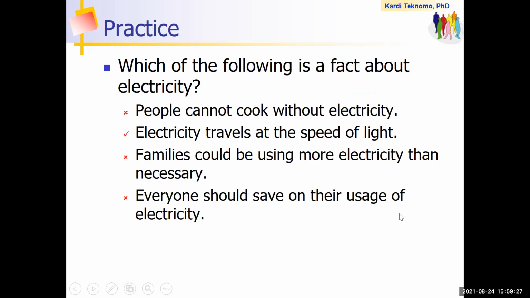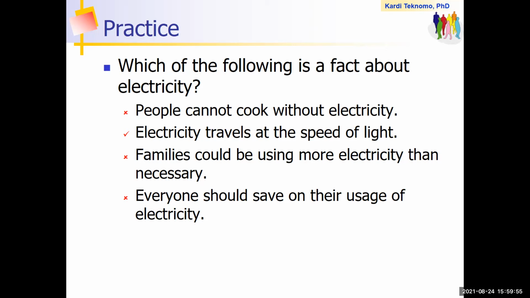How about this? This is about electricity, okay? People cannot cook without electricity. Fact, but wrong fact. Yeah, it's a wrong fact. Electricity travels at the speed of light. Fact. Right? Families could be using more electricity than necessary.